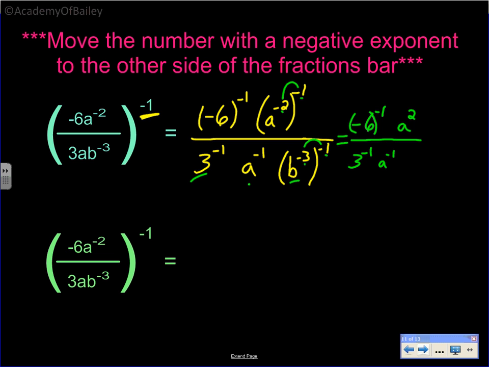We're going to multiply those, so we're going to get b to the -3 times -1, which is a +3. And so what are we going to do from here? Well, equals, let's put our fraction bar.